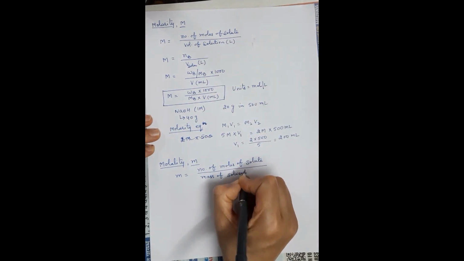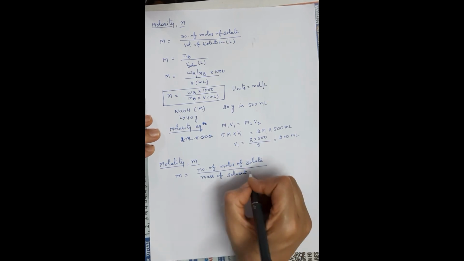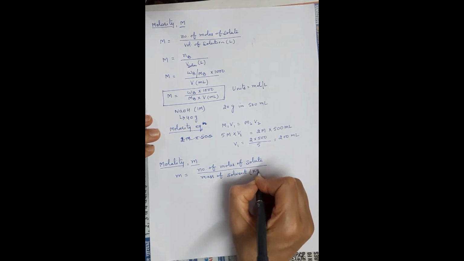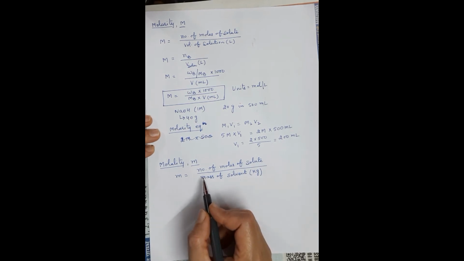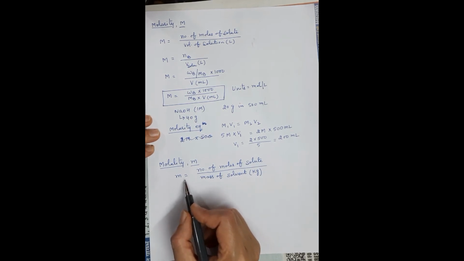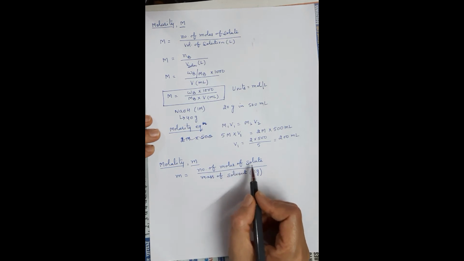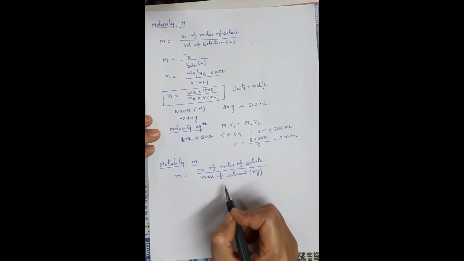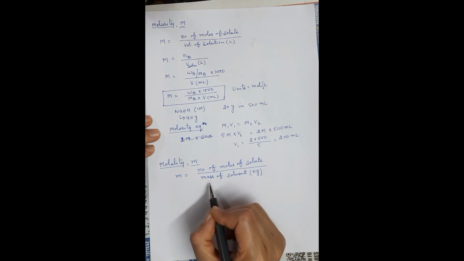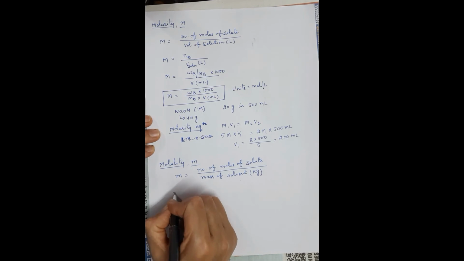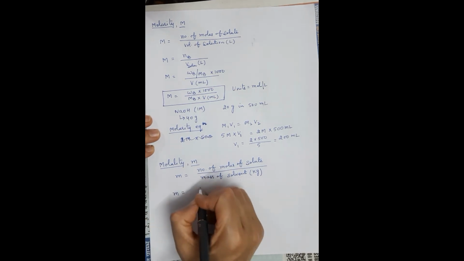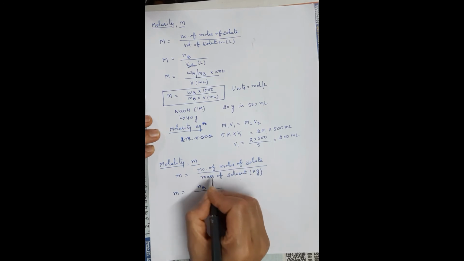When I'm talking about mass, it has to be taken in kg. So how will you define molality? Molality is defined as number of moles of solute dissolved per kg of the solvent, per unit mass of the solvent.